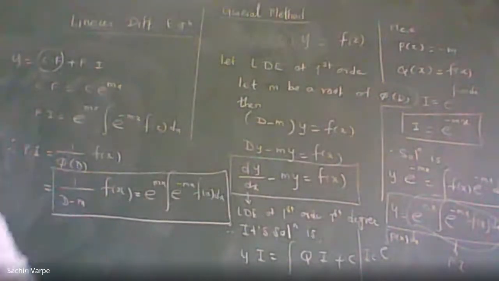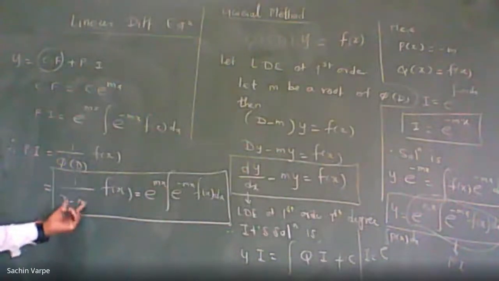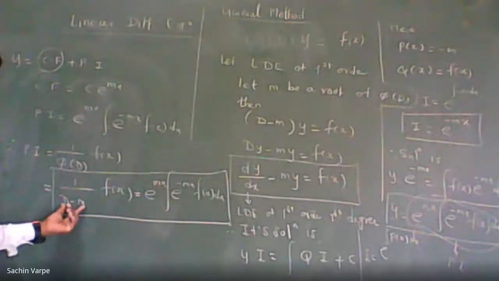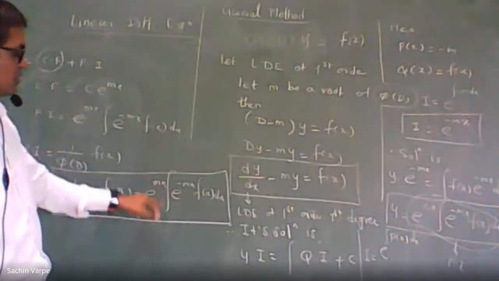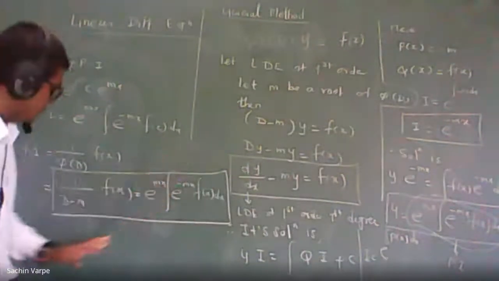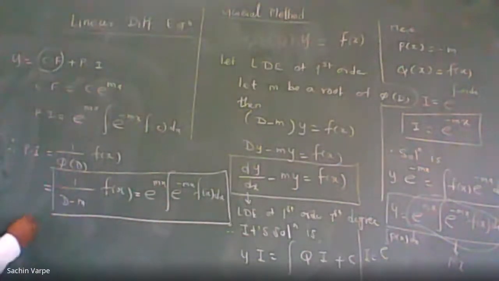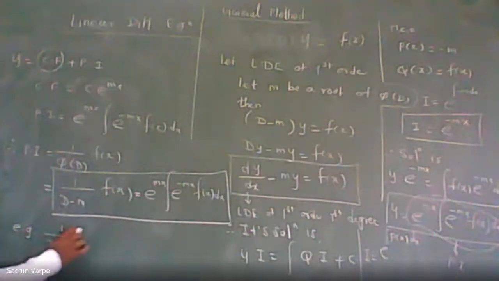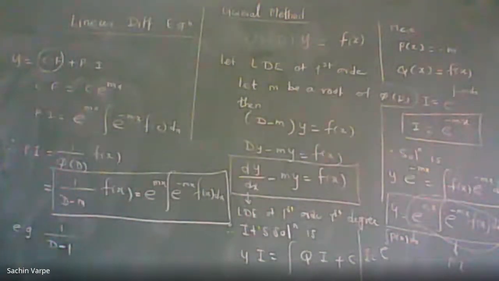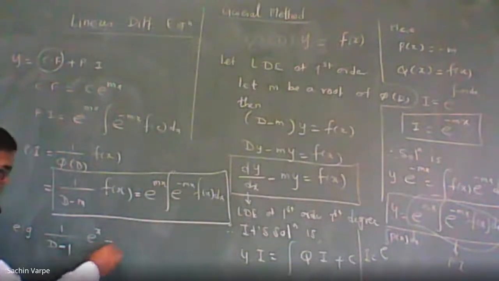Please ask if any doubt. When I am operating 1 upon that operator onto f of x, that means e raised to mx, integration of e raised to minus mx f of x dx. For example, if you are still confused with the formula, let me explain with an example. A simple example: 1 upon D minus 1, and let us take f of x as e raised to x.